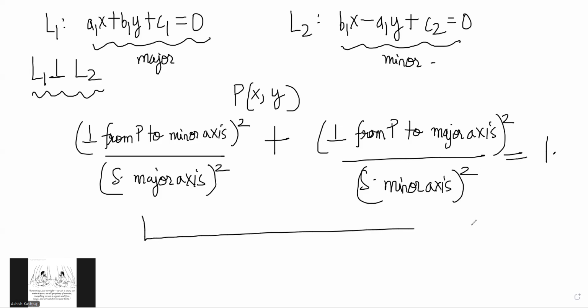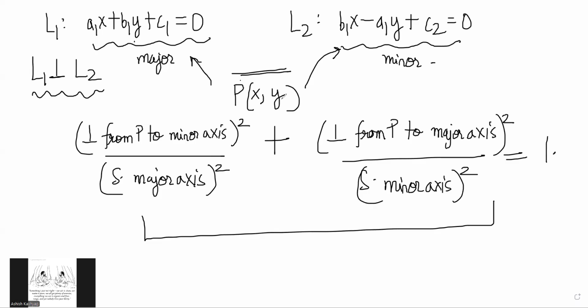That is going to give you the ellipse equation. So here, if this was my major axis, all I have to do is drop a perpendicular from here to here, drop a perpendicular from here to here, and put it in this equation, right?